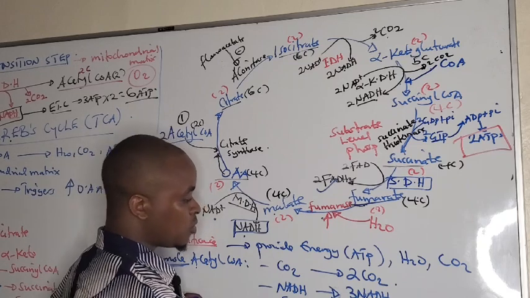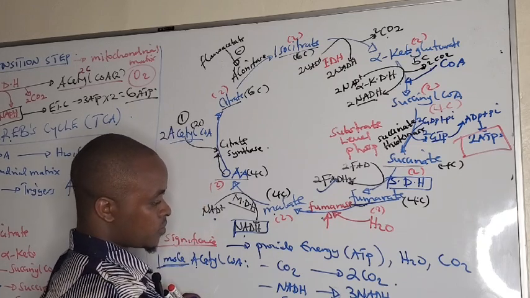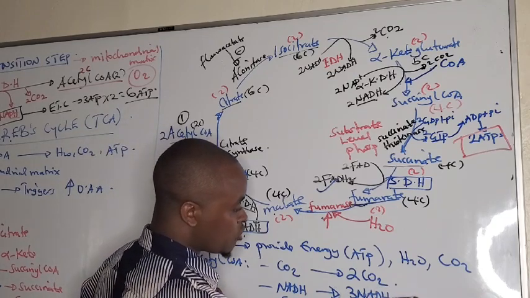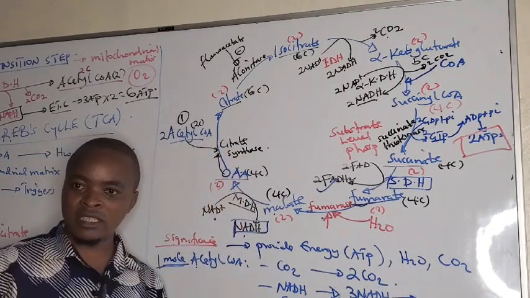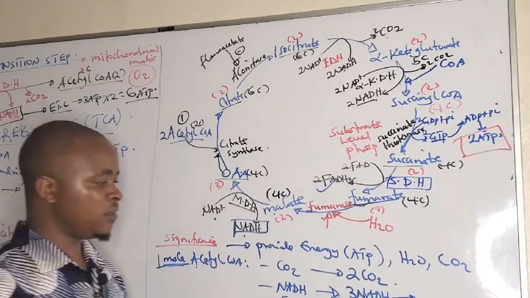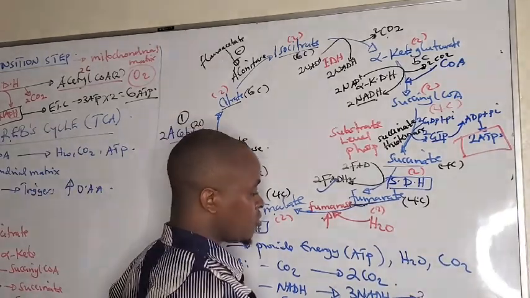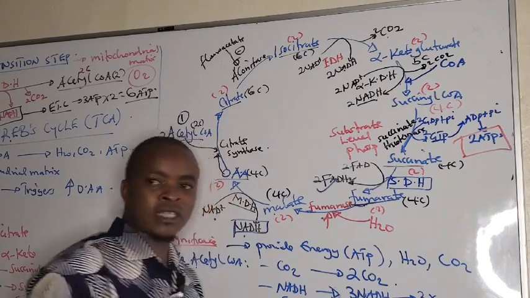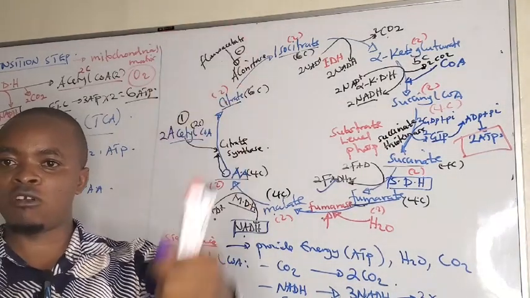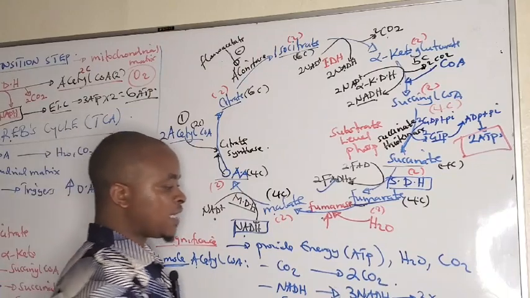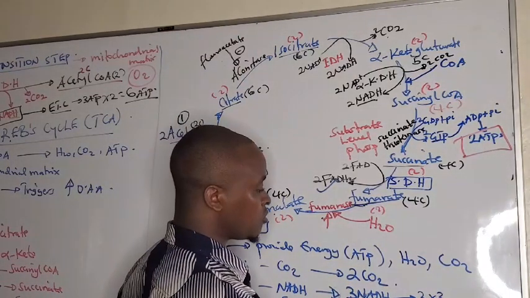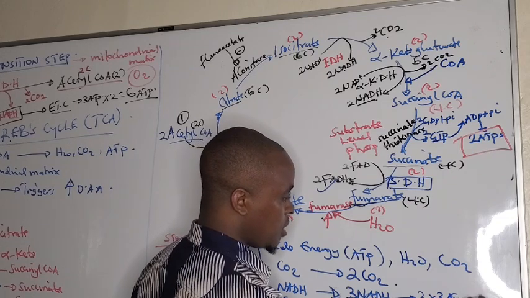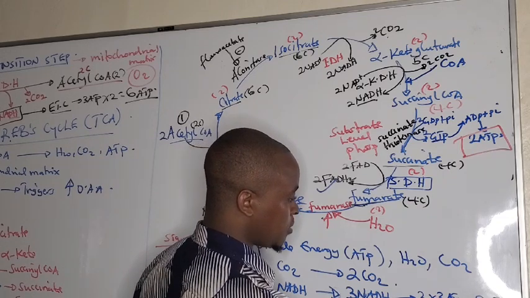And this gives a total of the following. When 1 molecule of NADH enters the electron transport chain, it produces 3 molecules of ATP. The book says 2.5, but we always round off to 3. So we get 3 molecules of NADH times 3 ATP, forming 9 ATPs.